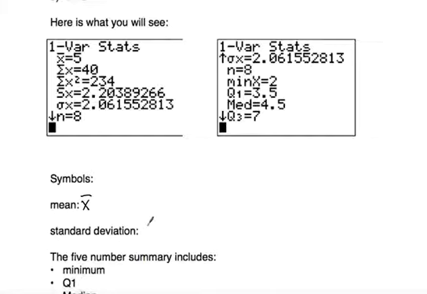And for standard deviation, there's actually 2. You've got what we call sigma sub x, and you've got S sub x. Remember that sigma sub x is for a population, and S sub x is for a sample.